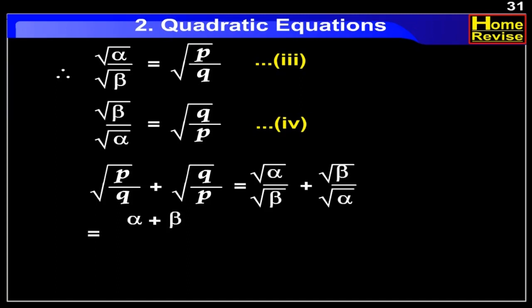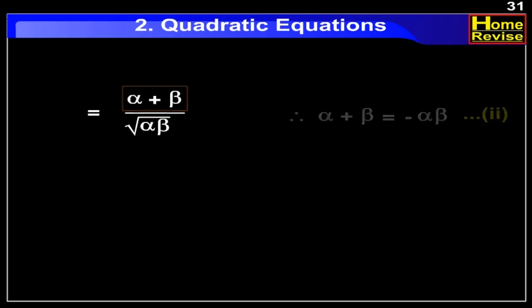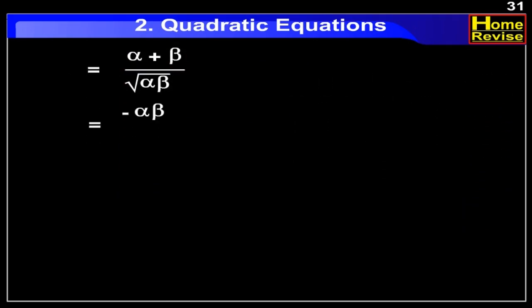which is equal to (alpha plus beta) upon root alpha into beta. Now, from equation 2, we know that alpha plus beta is equal to minus alpha beta, divided by root alpha beta. Rationalizing the denominator, that is, by multiplying root alpha into beta to the numerator and denominator, we get is equal to minus root alpha into beta.